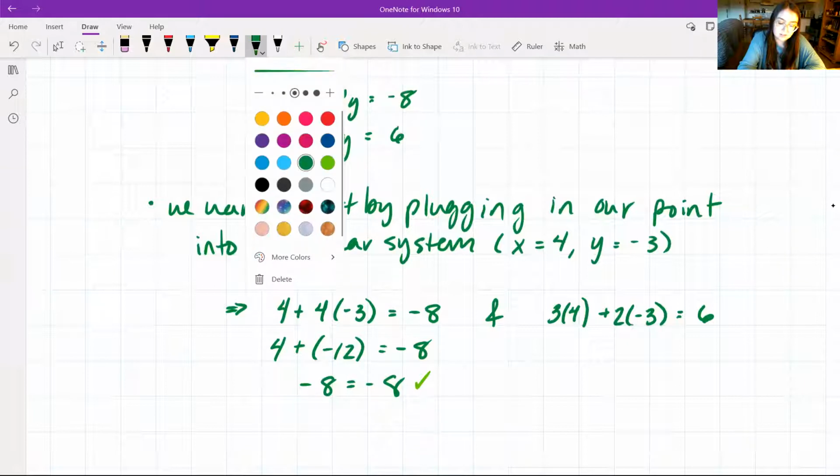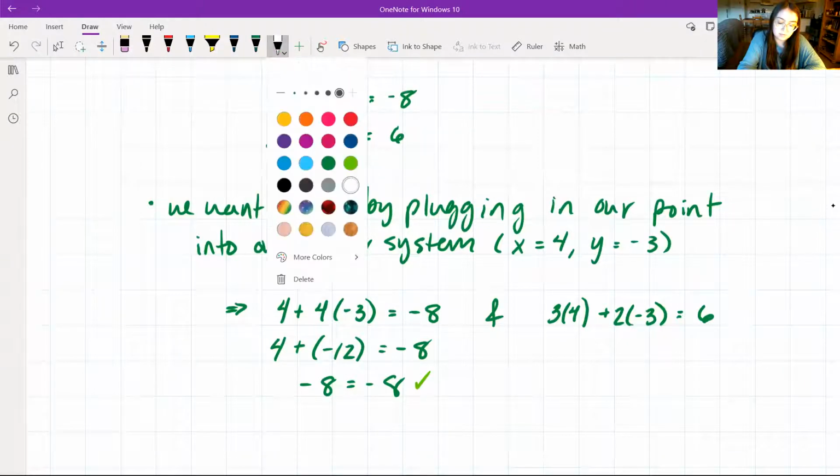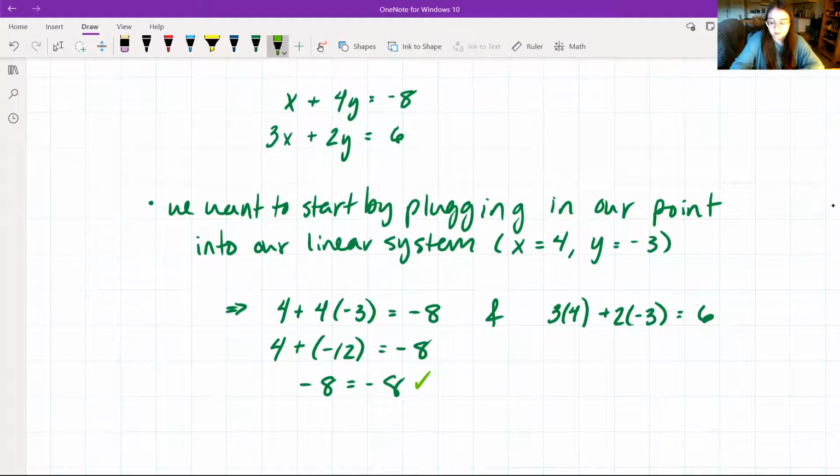So in this case, 4, negative 3 was a solution of our first linear equation. Now we just want to make sure or see if it's a solution of our second linear equation. So labeling these, you can say this was our first linear equation and this was our second linear equation. First, second.